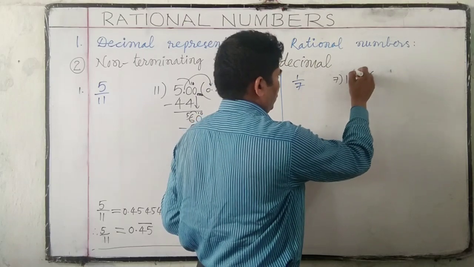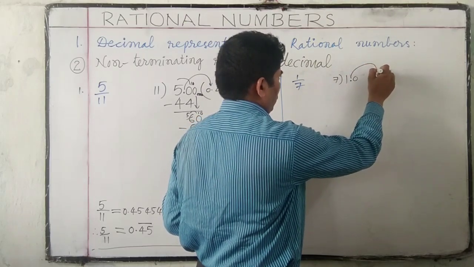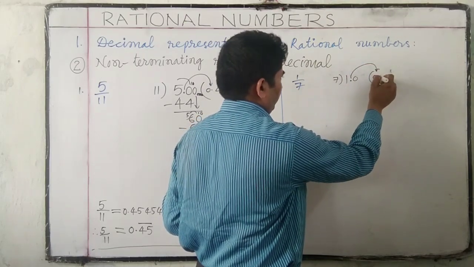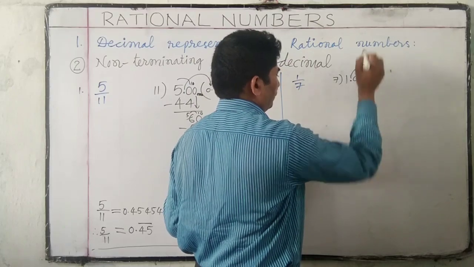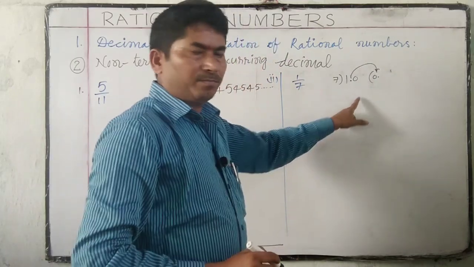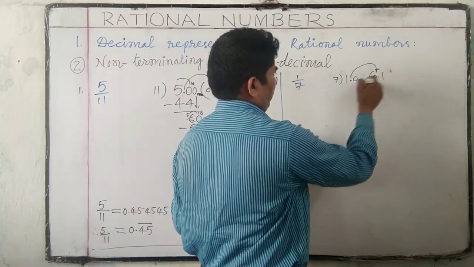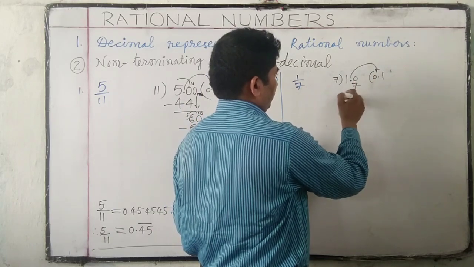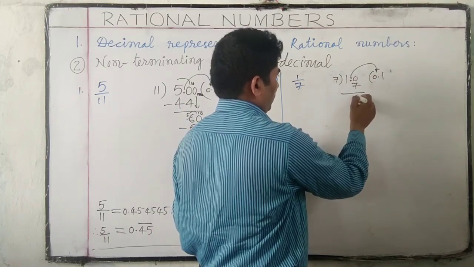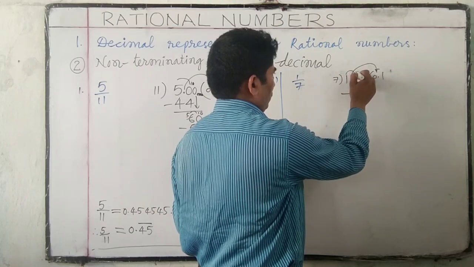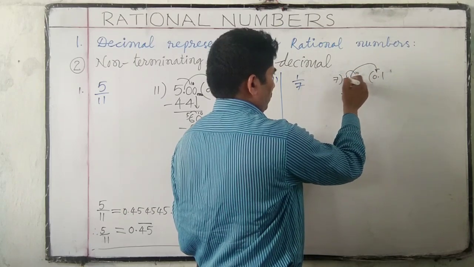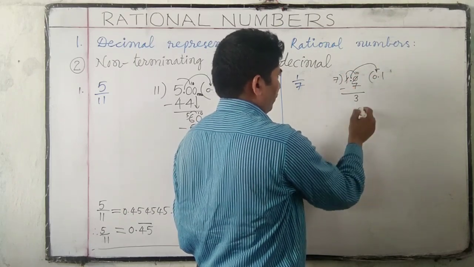Now shift this decimal point to the quotient. Here we have 10, 7 ones are 7, remainder 3.